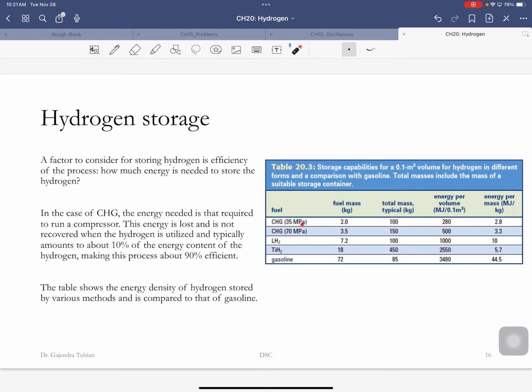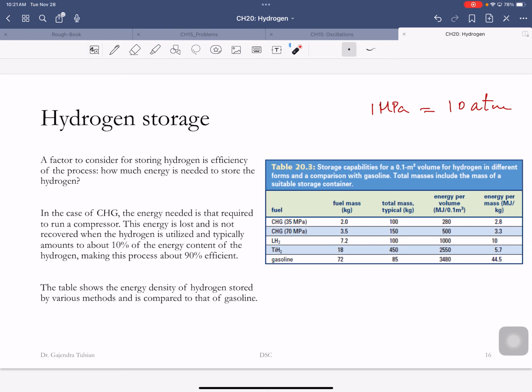This is 35 megapascals. 1 megapascal is 10 atmospheres. So this is 350 atmospheres. Energy per kg is, again, 2.8 megajoules per kg. And again, you're always comparing to gasoline because gasoline is what you're trying to replace.